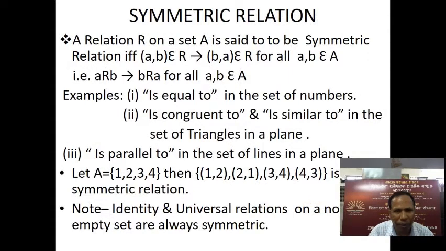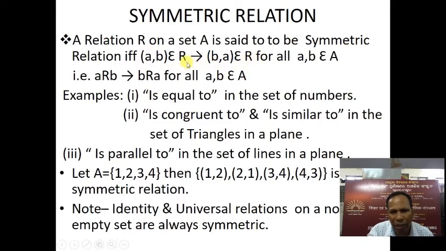Now your second property, that is your symmetric property or symmetric relation. A relation R on a set A is said to be a symmetric relation if and only if ordered pair (a, b) belongs to R implies ordered pair (b, a) belongs to R for all a, b belonging to A. That is, in order to be a symmetric relation, once we find that ordered pair (a, b) is in the relation, (b, a) has to be in the relation.